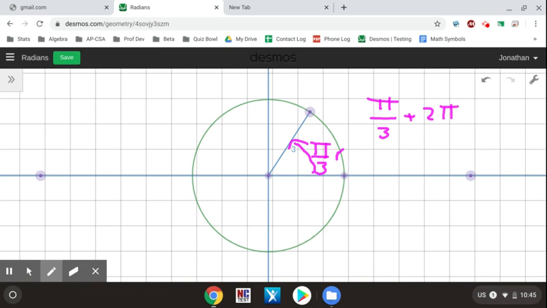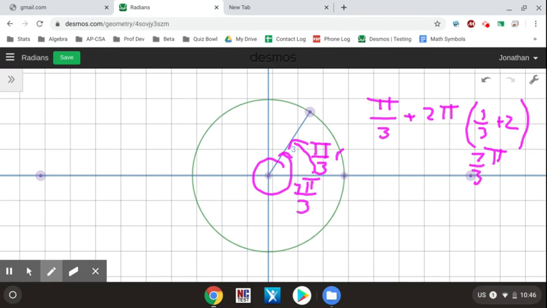Now, if you want to, you could do this in a calculator and just do 1/3 plus 2 and stick a pi on your answer, because you're not worrying about the pi until the end. 1/3 plus 2 would be 7/3. So it's 7 pi over 3 radians that would be coterminal, because 2 pi would be all the way around, and then a little bit more would be 7 pi over 3.